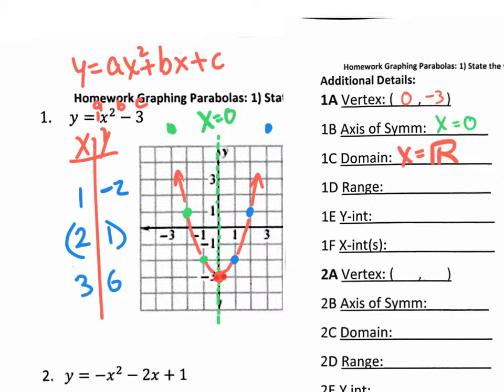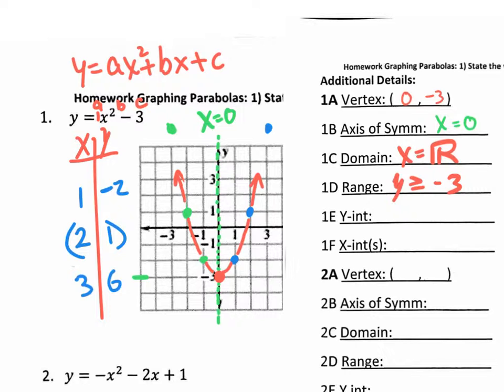It only exists from this point up. So if it's opening up, I know that it's going to be y is greater than or equal to, and greater than or equal to what? To the y value of your vertex. What's that y value of your vertex? What's this level? -3. That's the y value of your vertex. So y is greater than or equal to -3.